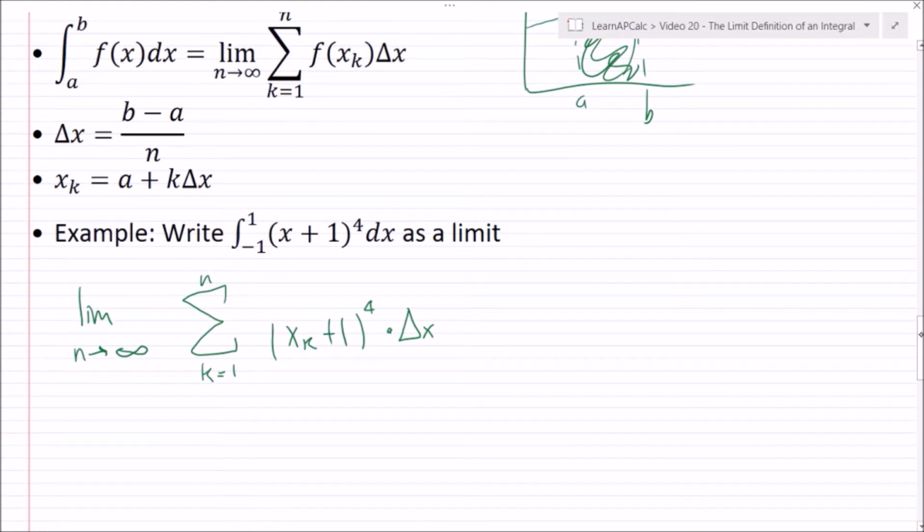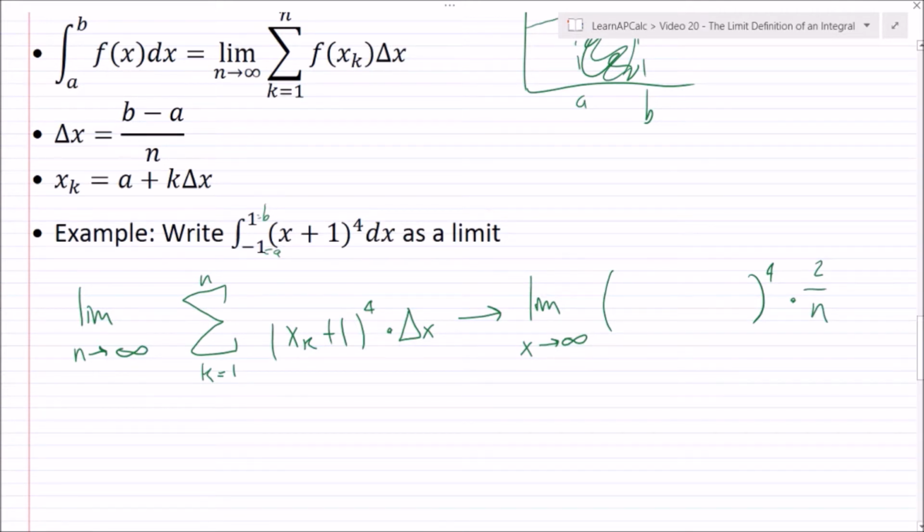Alright, so as mentioned, delta x equals b minus a over n. So I can rewrite this like so. But before I do that, let's write that, b minus a. So this is b, this is a. So b minus a is 2, all over n.